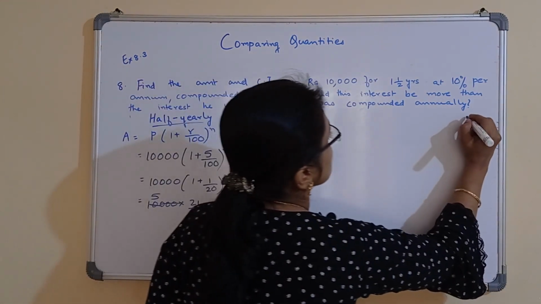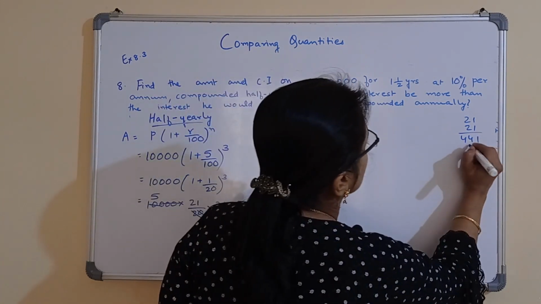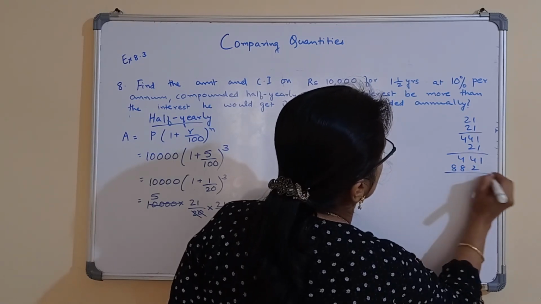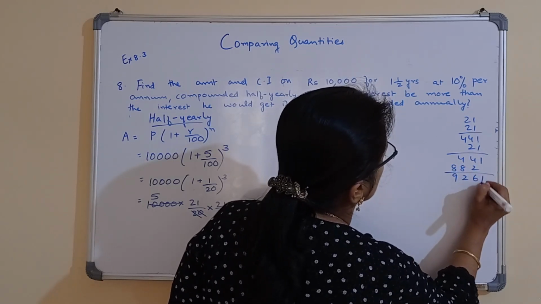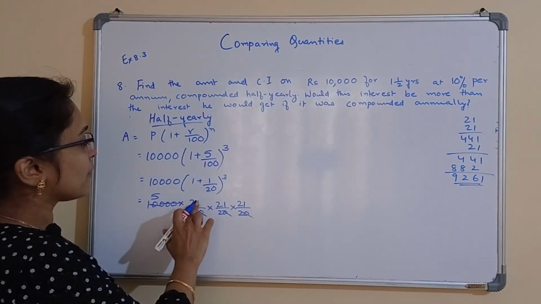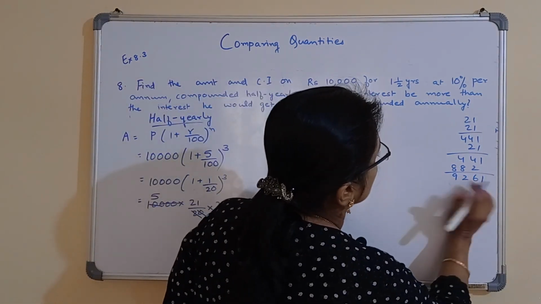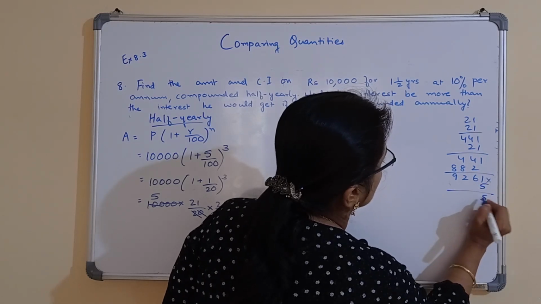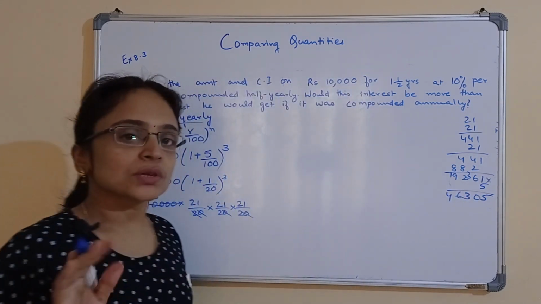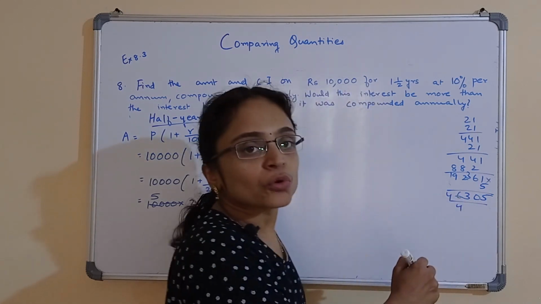We know that 21 into 21 is 441, and again multiplying by 21 we have 441, 882, which is 9261. Now we have multiplied these three, and we have to multiply this by 5. If we multiply this by 5, we will get 46305 by 4.